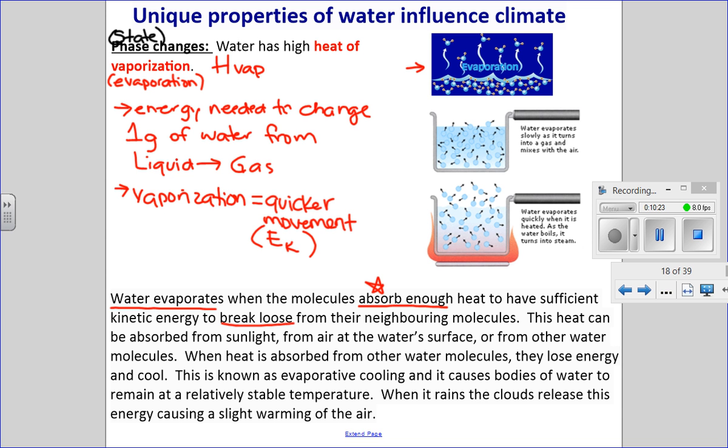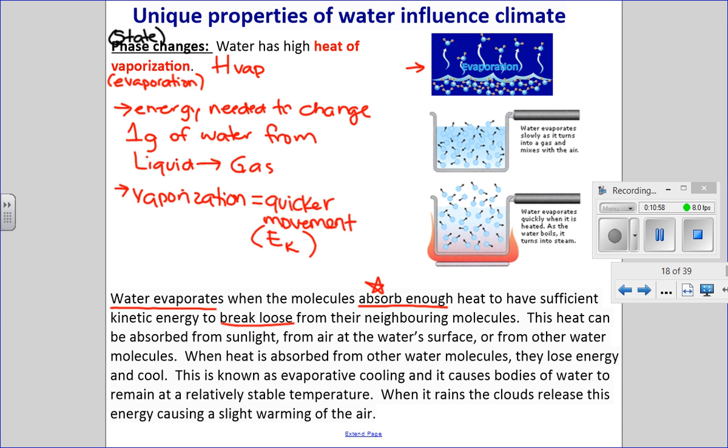If you recall, water molecules are attracted to each other. So in our unit on biology, we talked about how water molecules are cohesive and adhesive. Because they're polar, they have these forces that attract them to other water molecules and to other substances. So if I'd like my water to evaporate, it has to absorb enough heat so that it has enough kinetic energy to break loose from those forces, those bonds that are holding them together.